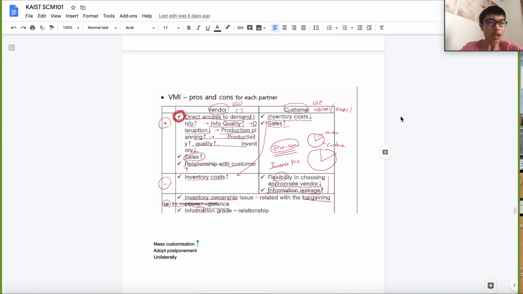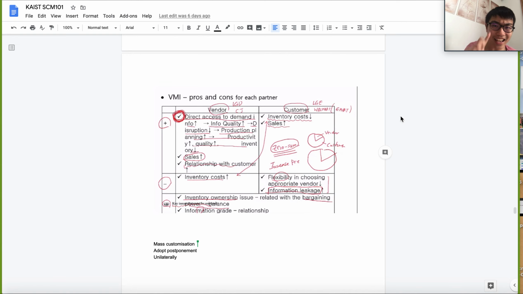So when the vendor has access to the demand information, it is good for the vendor in that the vendor will be able to supply the right amount of inventory, so they can make sure they're earning money from every inventory they made. If they did not access information, if they are not applying VMI, if they are not building a relationship between the customer and the vendor, the vendor may have excess inventory, because when there are uncertainties and they produce too much, they have no one to sell to.